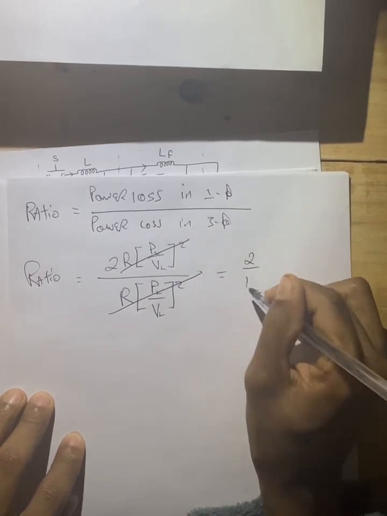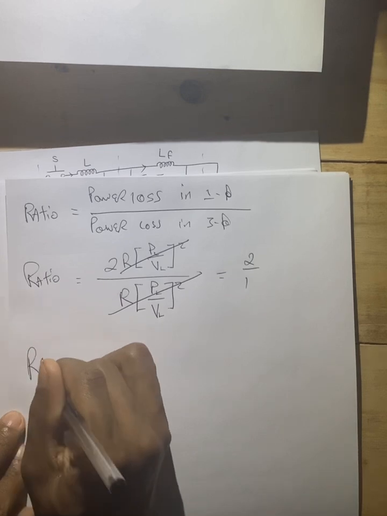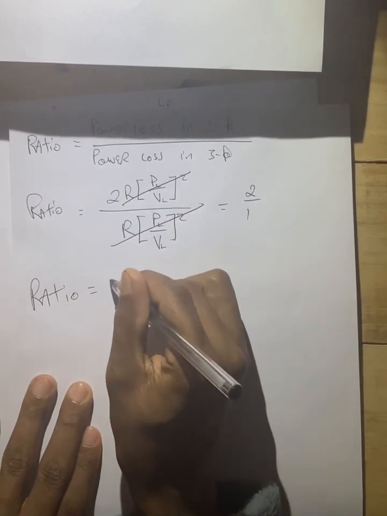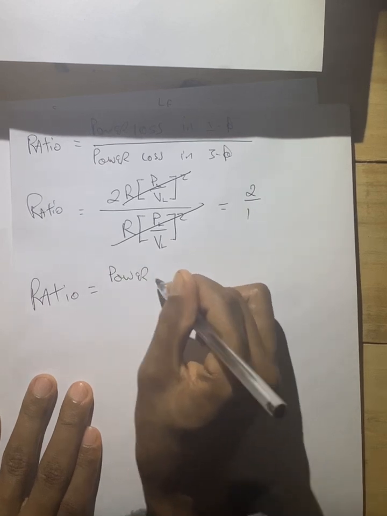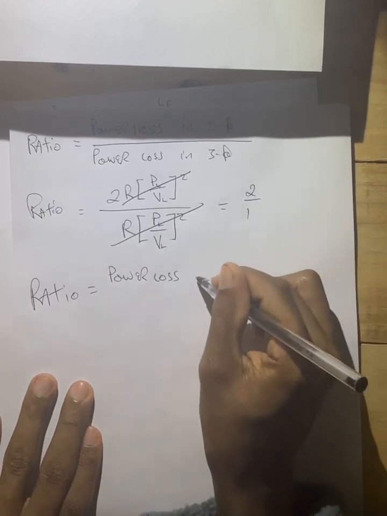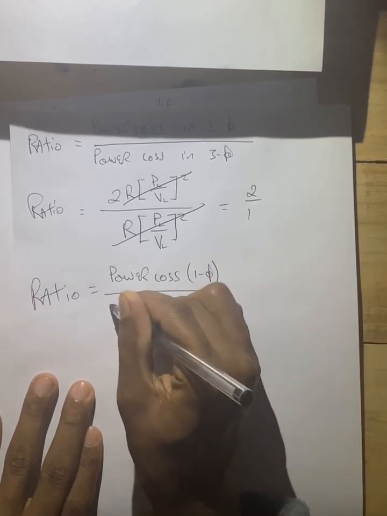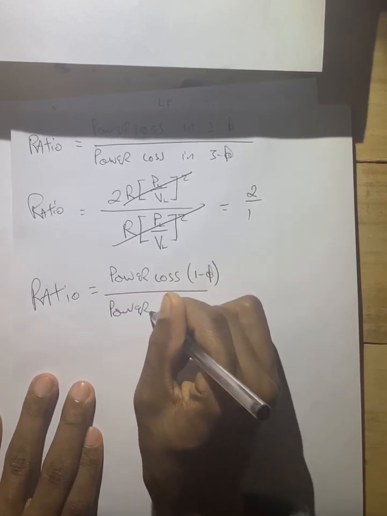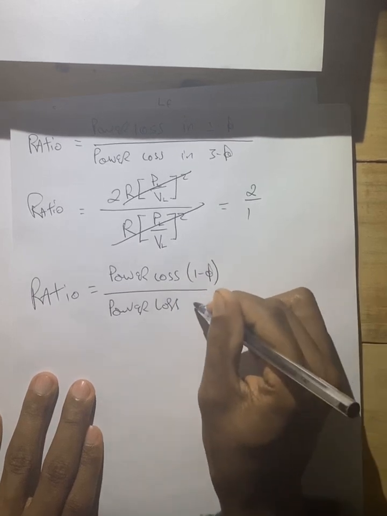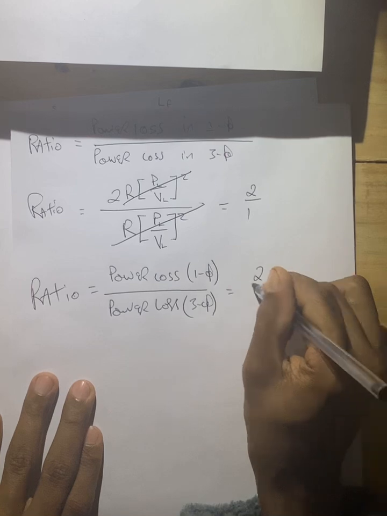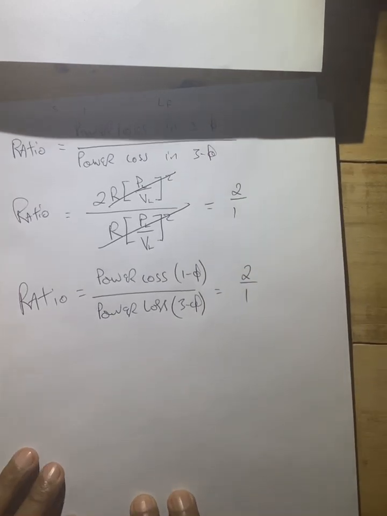It's a 2 to 1 relationship, simply meaning the ratio for power loss due to wiring for single phase relative to three phase is 2 to 1. Now what does this mean?